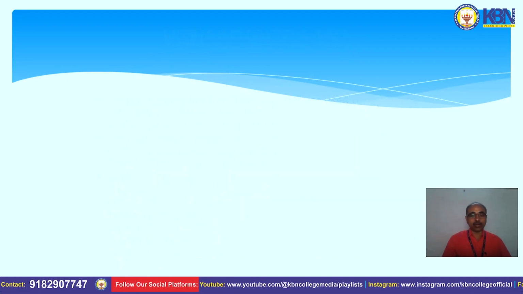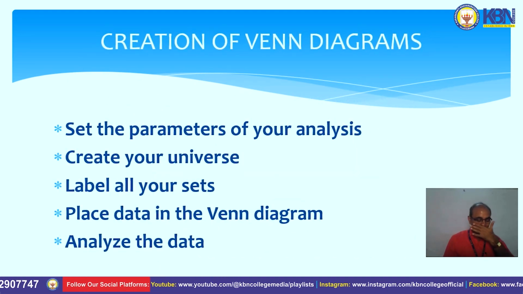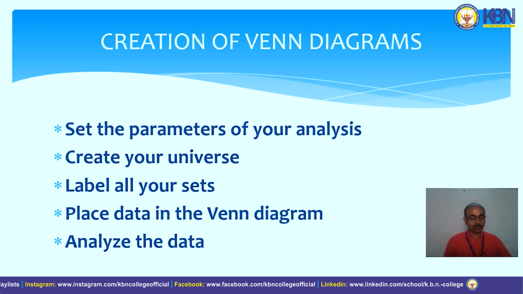Next, how to draw these Venn diagrams? First of all, you have to set the parameters of your analysis. First, determine what your goal is, such as making an important decision or understanding complex topics.